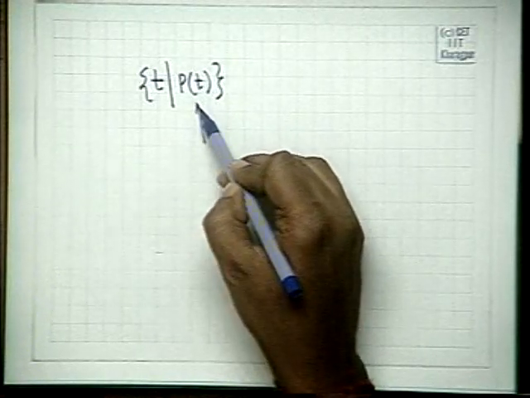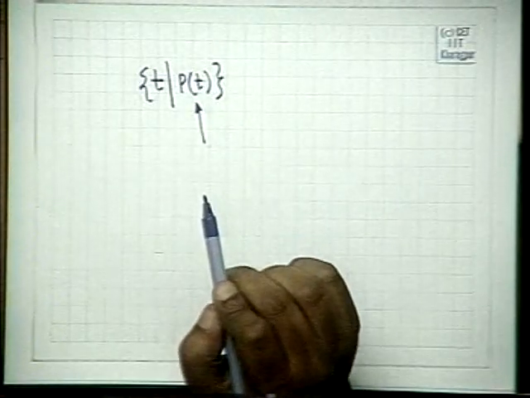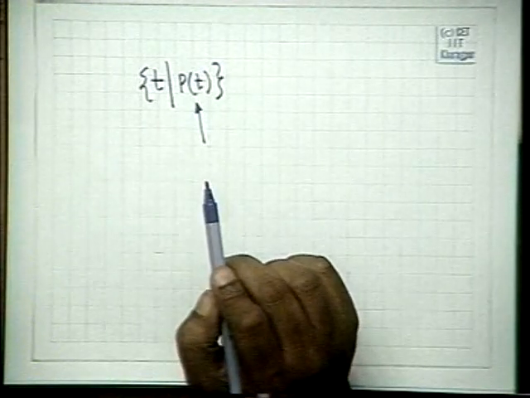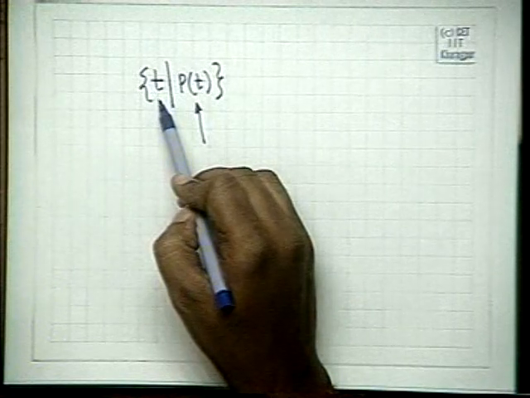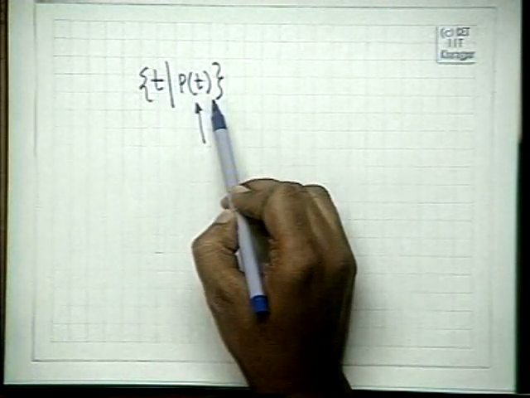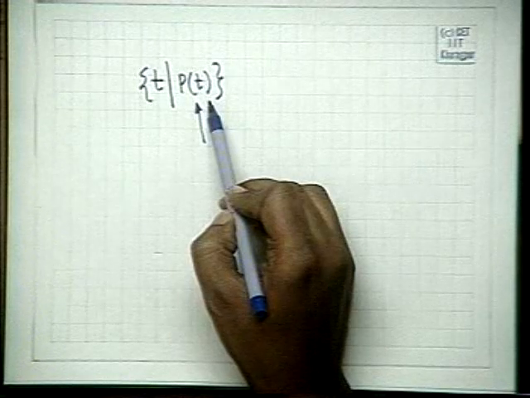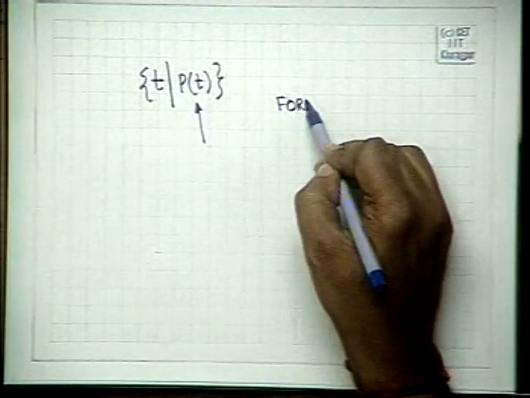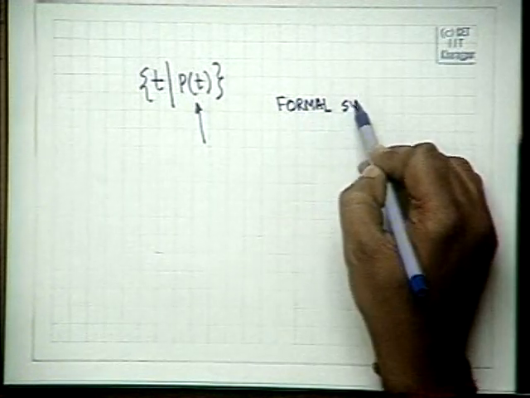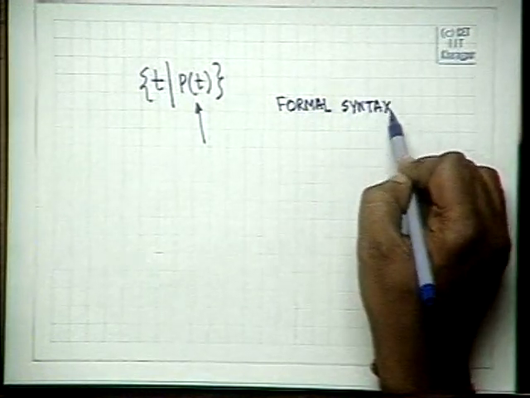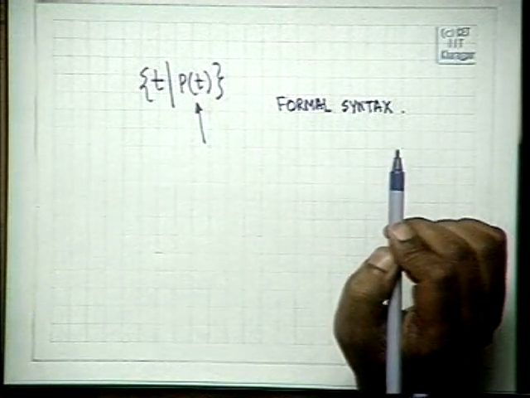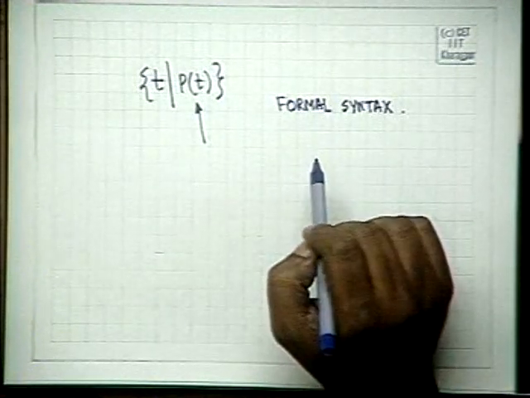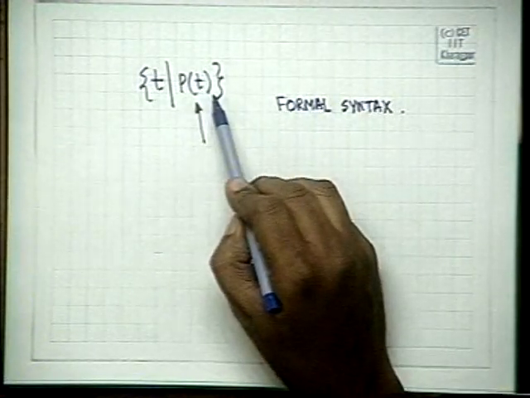This is a formal Boolean expression which returns true or false for every tuple. Now this Boolean expression is expressed in a particular syntax. This syntax is called the formal syntax of tuple relational calculus, and this formal syntax will consist of a grammar which expresses exactly how the formulae mentioned here will be formed.